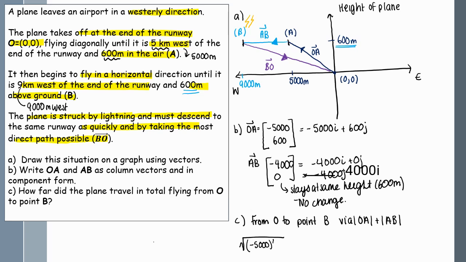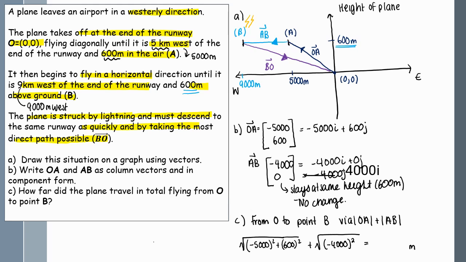The length of OA would be the square root of minus 5,000 meters squared plus 600 meters squared. And the length of AB, well, again, you just take the two components, so minus 4,000 squared plus 0 squared, well, we can just leave that out. Take the square root of these.